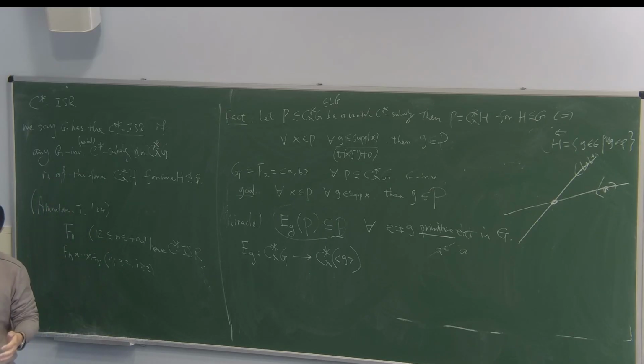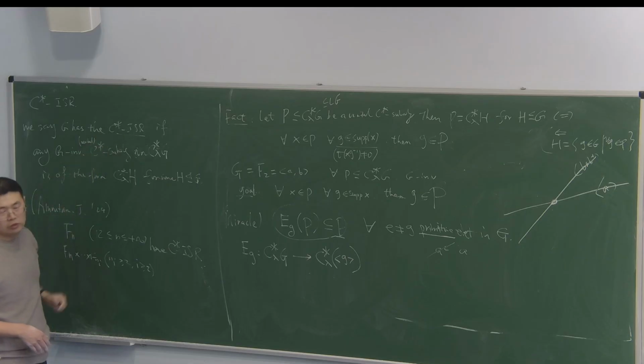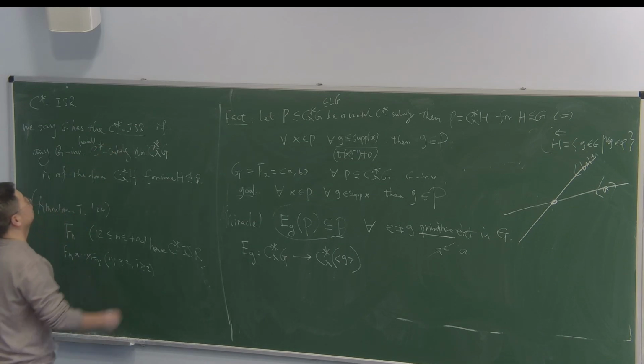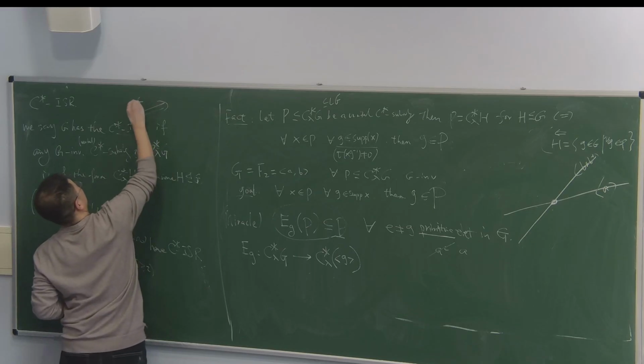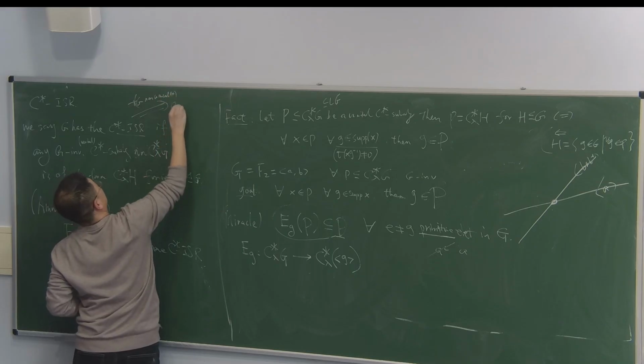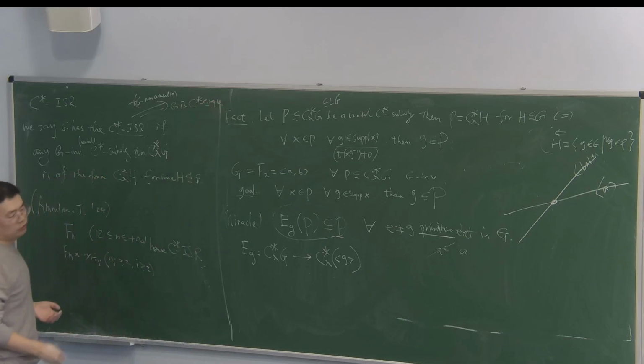So in other words, we don't know whether this implies the group is non-amenable or not. Once we know this, it implies C star simple. So when the group is non-amenable, this implies it is C star simple. So it's quite hopeful that all C star simple groups may have this C star SR.